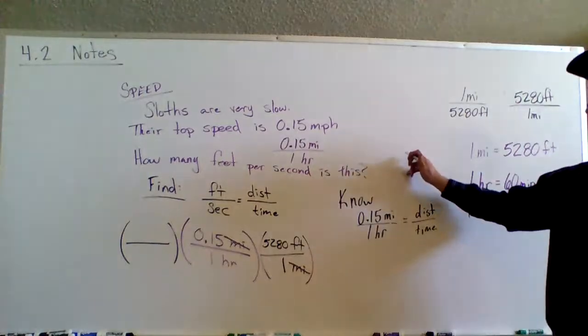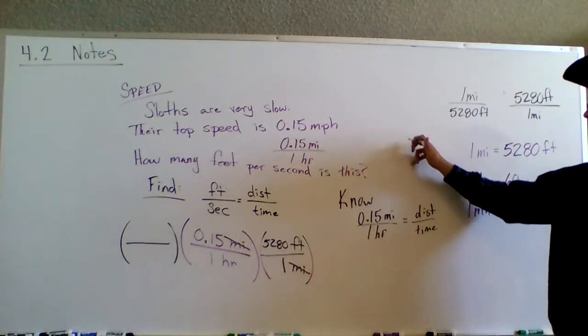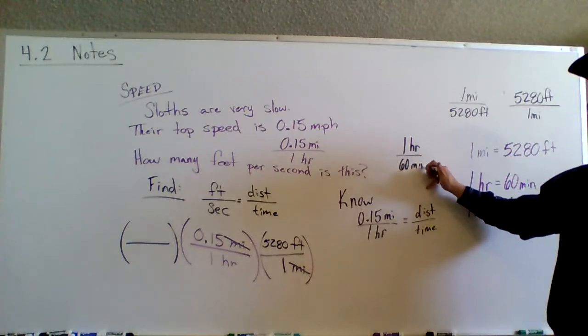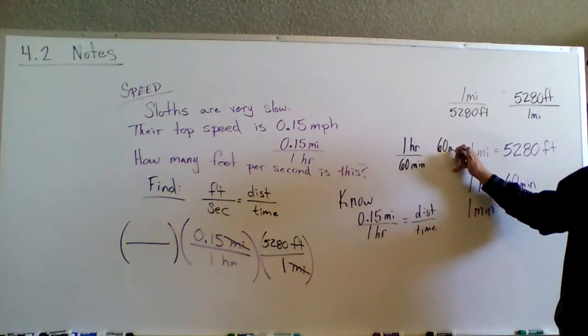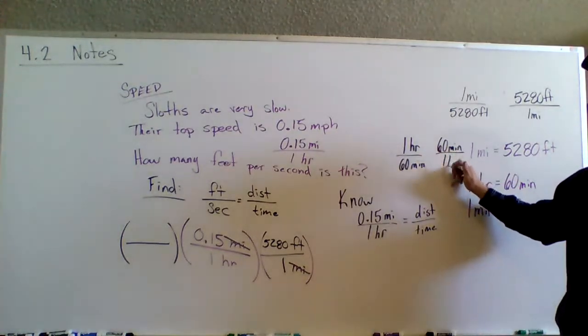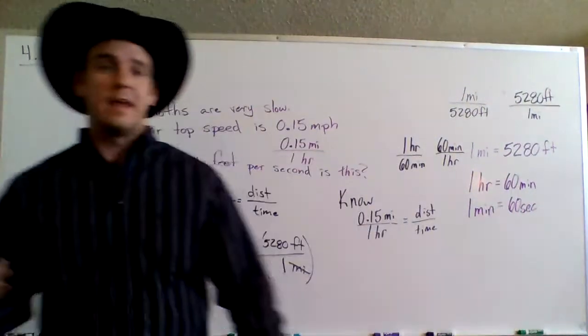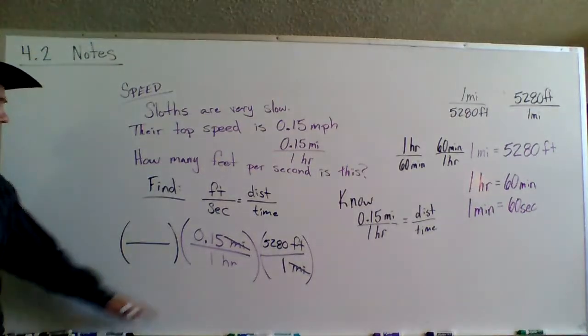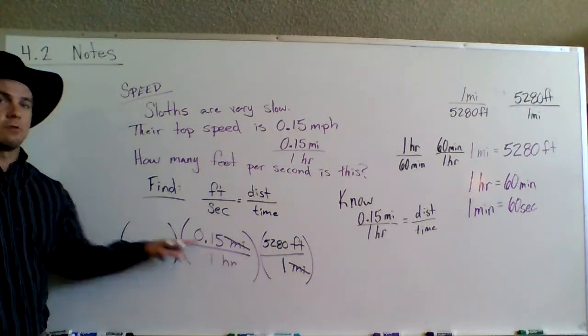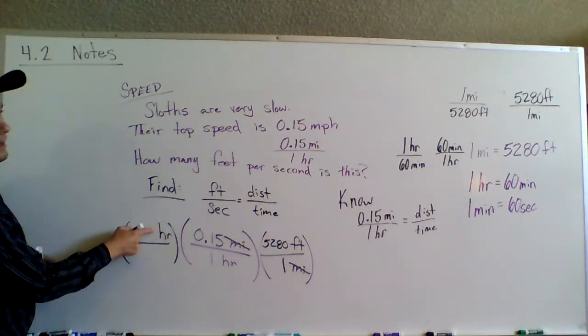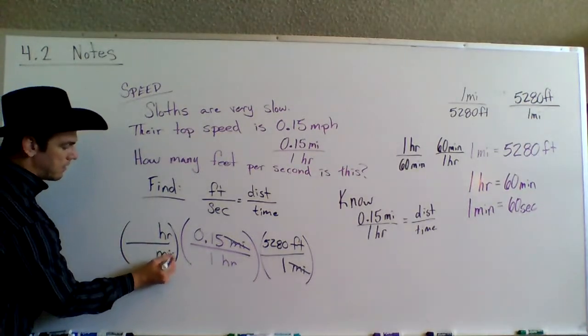So I know that 1 hour is 60 minutes, so I could write that as 1 hour over 60 minutes, or I could write it as 60 minutes over 1 hour. I only want to choose the one that's going to cancel my hours though. Hours was on bottom. I'm going to want to put hours on top so it cancels. Hours, minutes.